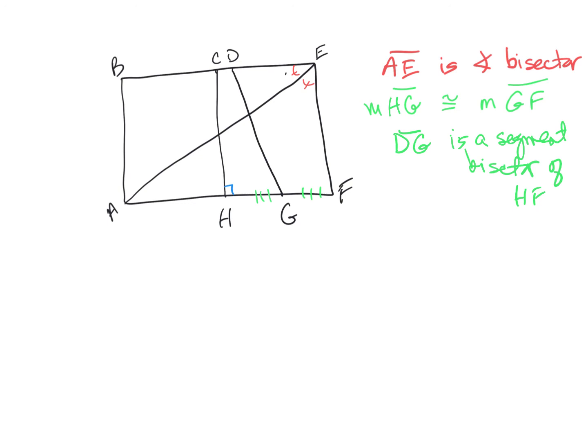So, to your point, G is what? G is the midpoint of HF. Now, look at all that green ink on there. Just those two green markings gave us the right to say all of that, okay?